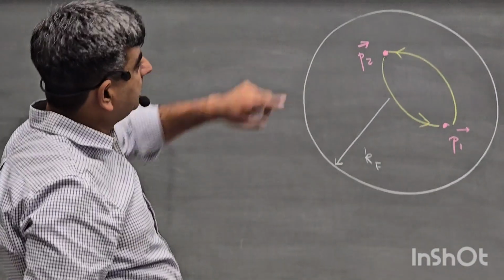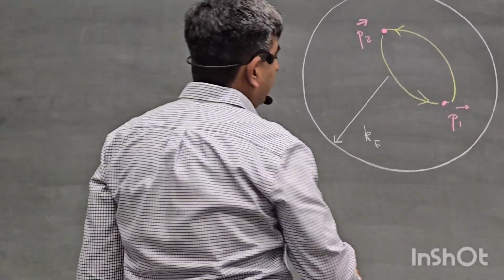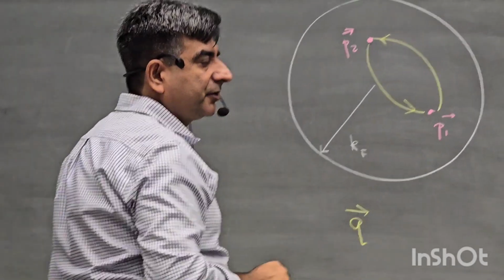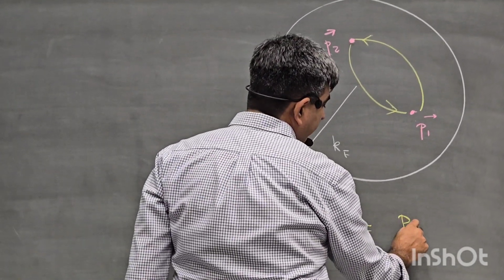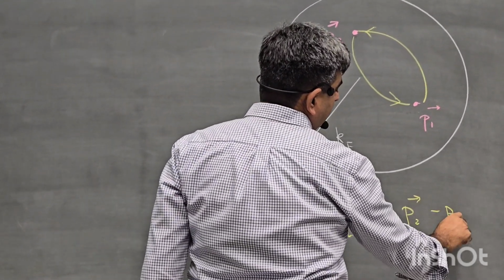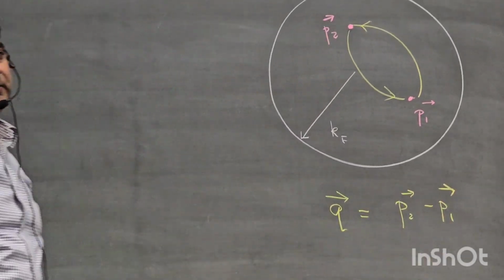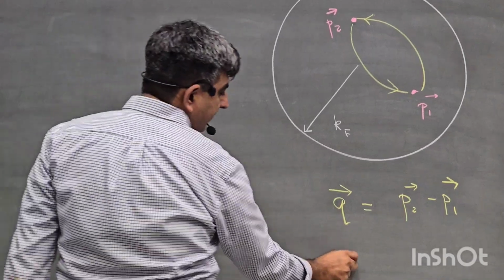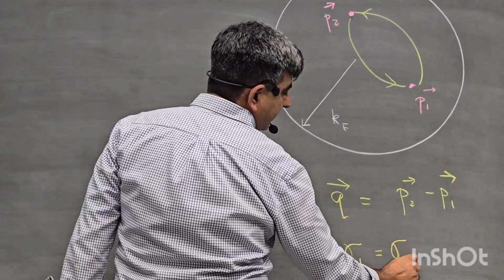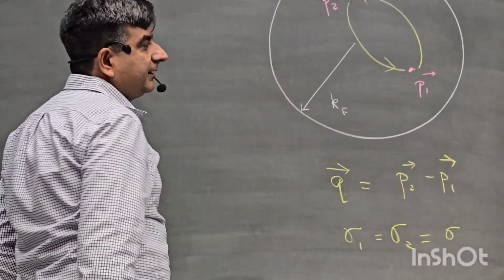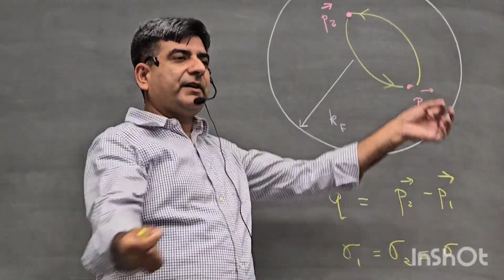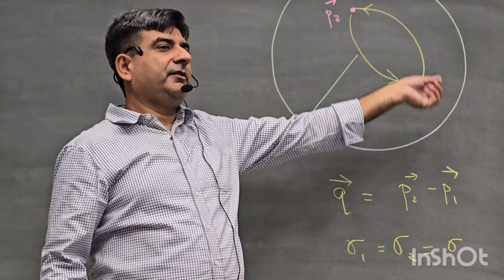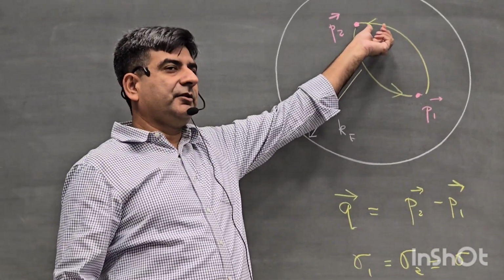So if we compare this with the Feynman diagram, this means that we have a quasi-particle of momentum q, which is simply the difference between P2 and P1, being exchanged between the two electrons. And the two spins are the same, so sigma 1 is the same as sigma 2. This effectively means that we are exchanging the two particles, taking this electron from this point in the Fermi sphere and taking it to that point.